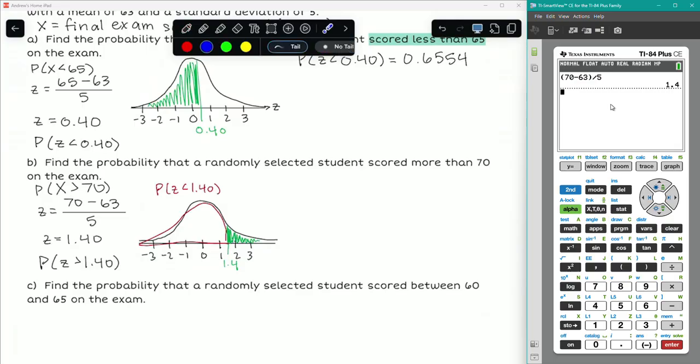And I know that the whole curve should add up to 1 or 100%. The table is going to give me the value for the red here. I want the area in the green. The green is the complement, so I'm going to rewrite my greater than statement as 1 minus the equivalent less than statement.